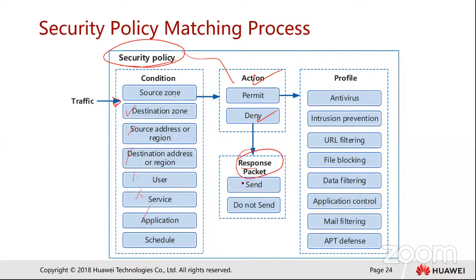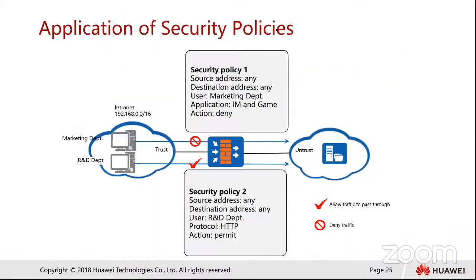Do we tell them they're not allowed to access this, or just deny and ignore? If we permit, then you also go ahead and look through the profile. So we have the condition, action, and profile. Is it antivirus? Is it intrusion prevention? Is it URL filtering, file blocking, or data filtering, and so on? That entirely depends on what you want to achieve.